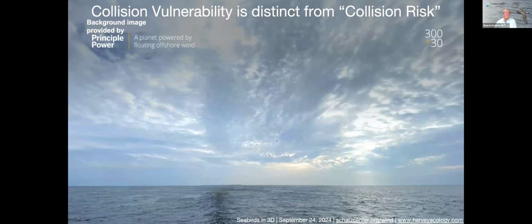So what we're looking at again is the classic ocean viewpoint. Bird surveys that have been done from vessels in particular, but also from aerial surveys, don't really get us good information about flight height. So here's potentially a view that an observer might have on a vessel off the Pacific, and you would be looking out towards the horizon.